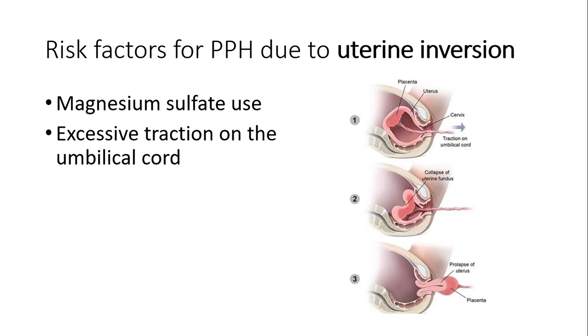And the next very important risk factor is excessive traction on the umbilical cord during the third stage of labor. Uncontrolled traction of the umbilical cord. So please keep your hands off the umbilical cord unless you're practicing active management of labor.